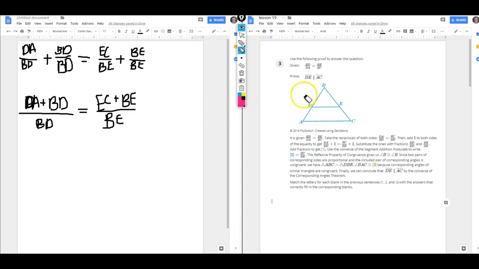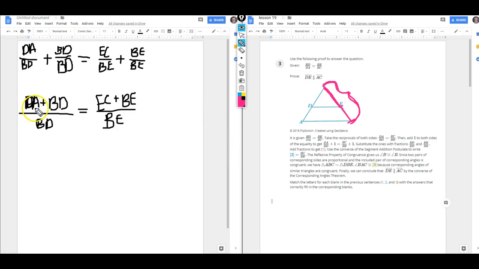So I'm going to look at this picture. And I see that BC is this total length right here. And I'm also going to notice that EC is this individual length and BE is this individual length. So these two individual lengths, when added together, make the total length of BC.